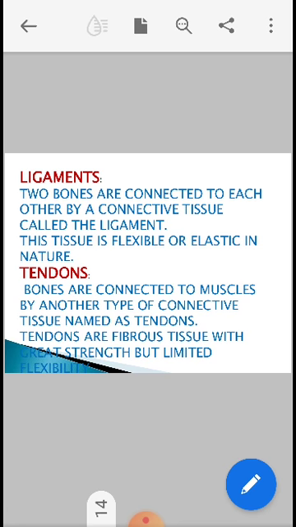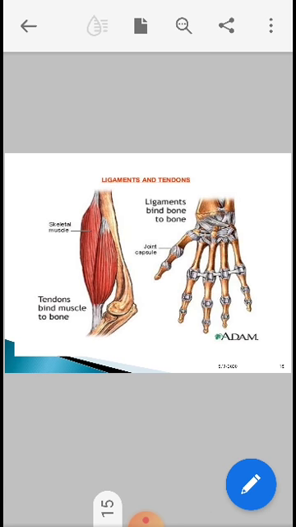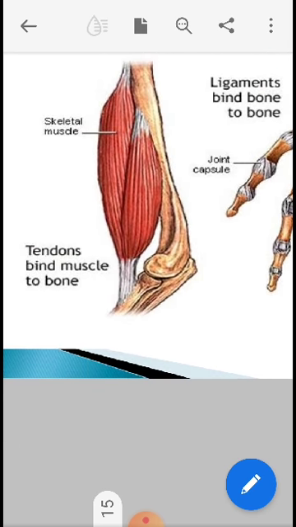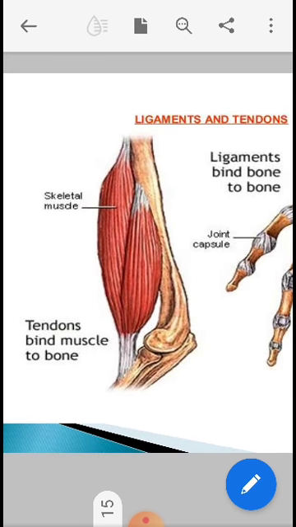Okay, here in this figure you may make out and you will come to know about the ligaments. In the first figure you can see the tendons, the skeletal muscle, and the bone.